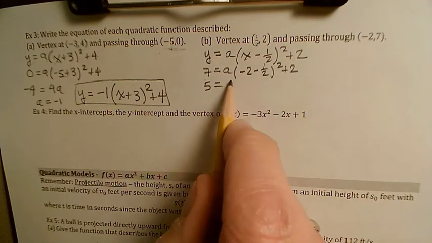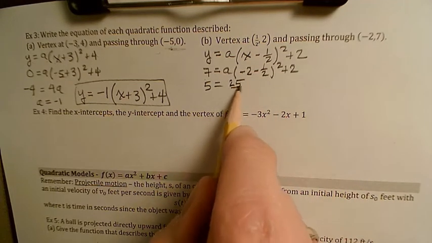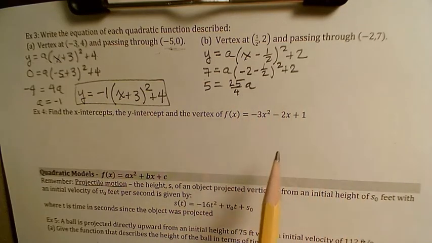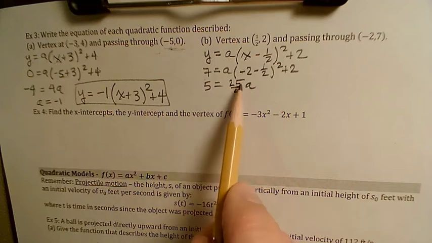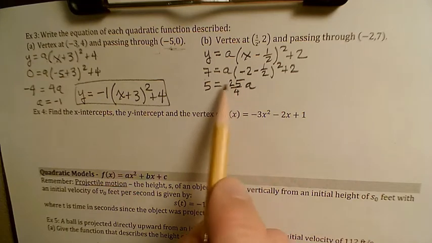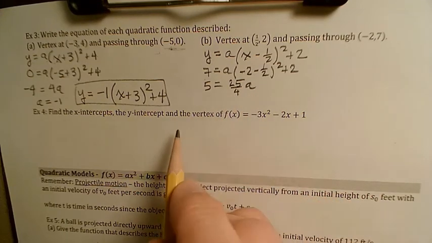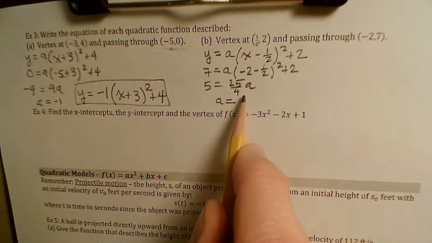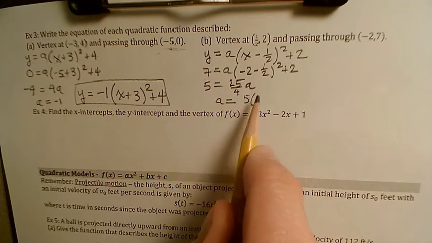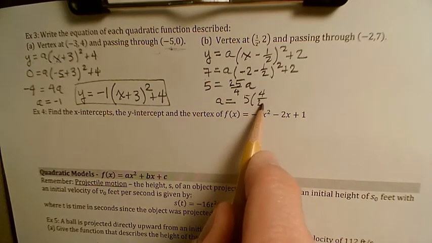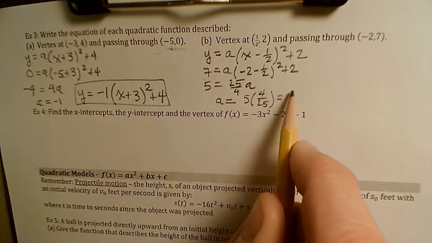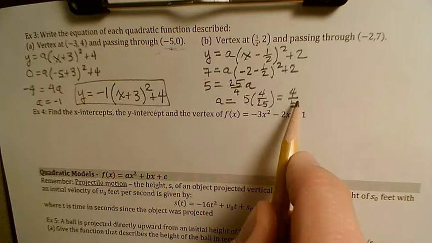And when we square that, we get 25 fourths times a, and that's equal to 5. So if we multiply both sides by 4 over 25, we should get a is equal to 5 times 4 over 25. The 5 and the 25 would reduce, and this should leave us at 4/5.